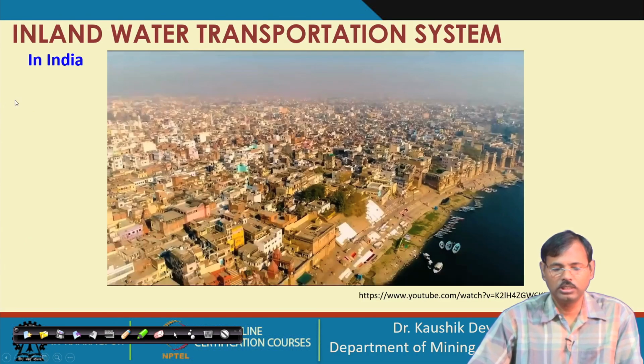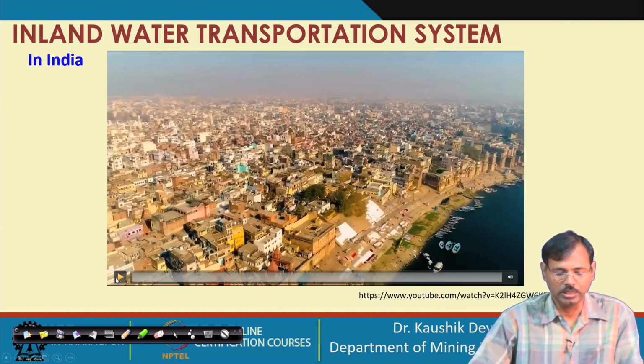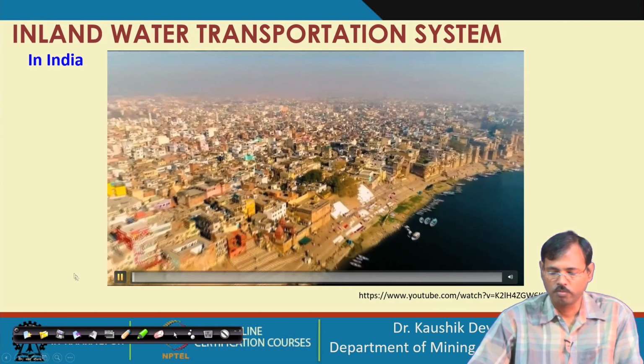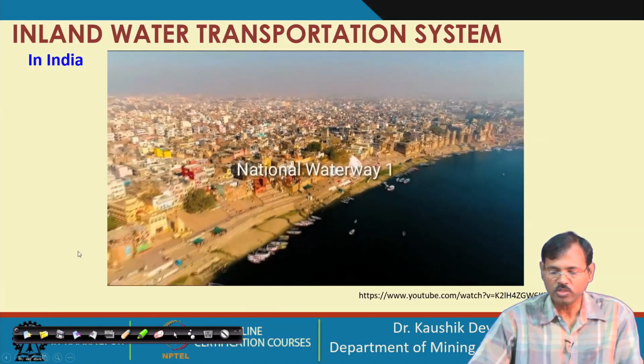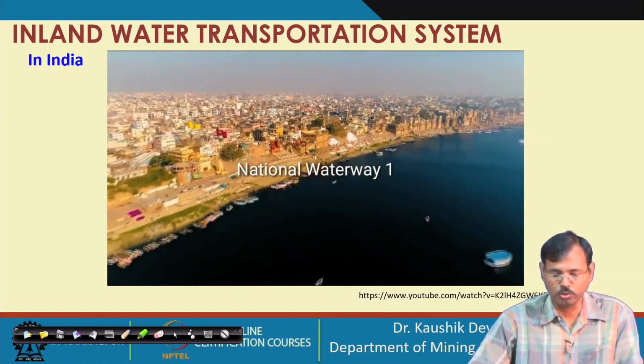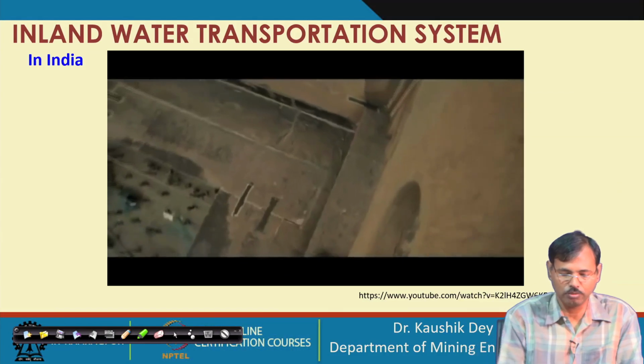Now, this is one very important video, that is the country's attempt to adopt the inland water transportation system, basically shown in this figure. This is the National Waterway 1, termed as National Waterway 1.